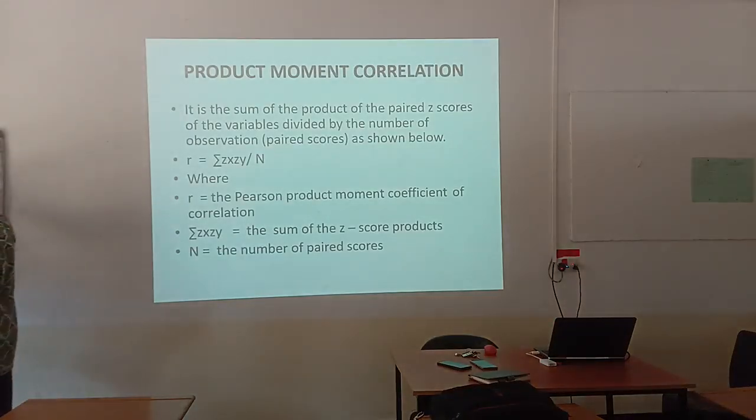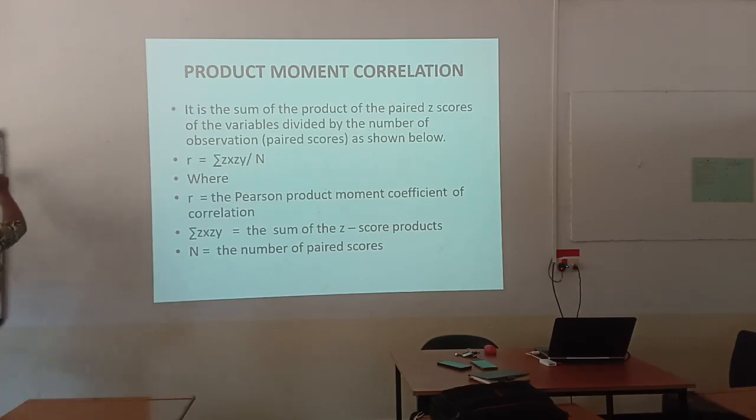See, we have done all these computations to come up with these z-scores for mathematics. We will have to do the same kind of computations to come up with z-scores for statistics.